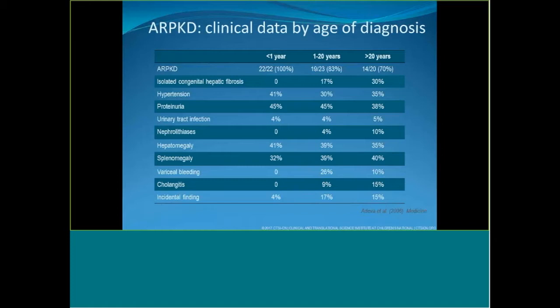So the clinical part, it's unusual to see isolated hepatic fibrosis in the younger kids. You can see that in older age groups, and I mentioned some of these others already: hypertension, proteinuria, problems with urinary tract infection. The variceal bleeding that I mentioned just now, you see usually in the later years, not so much in the younger kids.